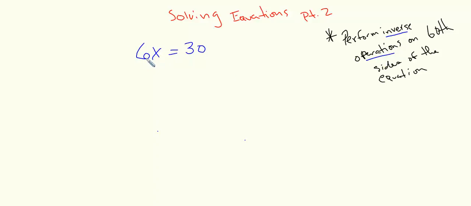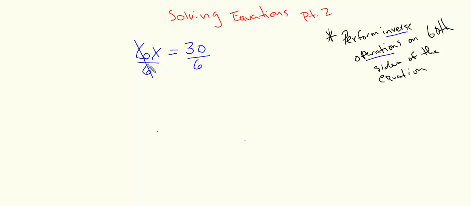Since we have 6 multiplied by a number, we're going to do the opposite of multiplication and divide both sides by 6. We have to do the same operation on both sides of the equal sign.